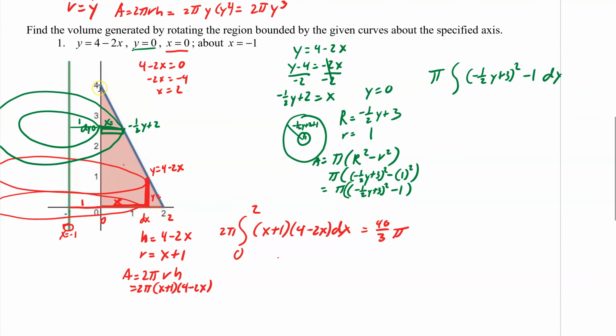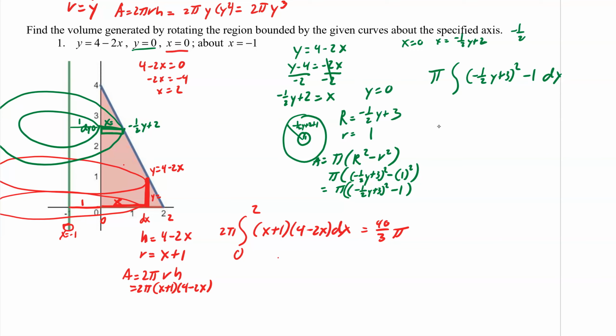But where do we get the 4? Again, we are just setting them equal. So we're going to set this negative 1/2 y plus 2 equal to 0. That's where they intersect. So we're taking our x equals 0 and our x equals negative 1/2 y plus 2, and we're setting them equal.